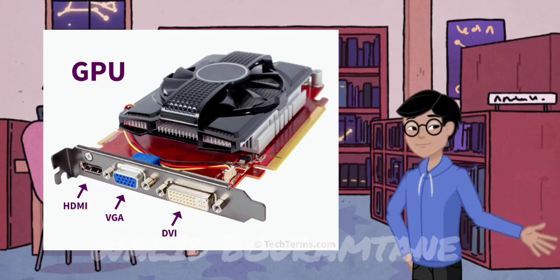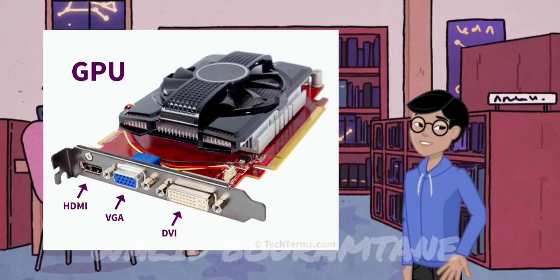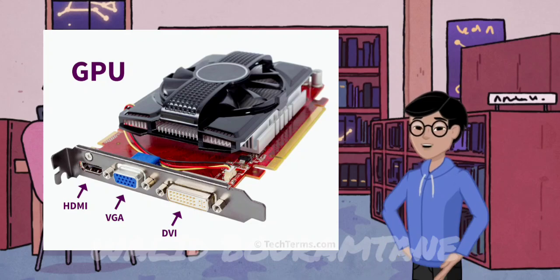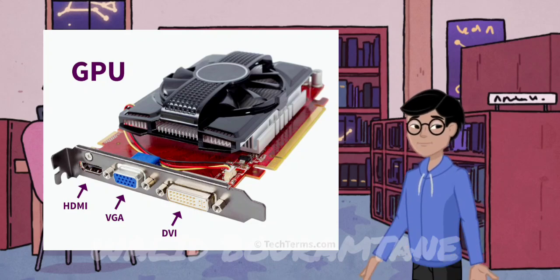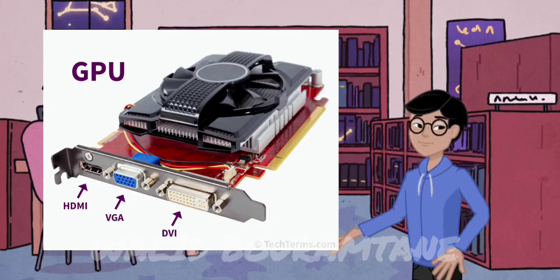Modern GPUs use programmable shaders, which are small programs that run on the GPU cores to perform specific tasks like lighting, shading, and texturing. This flexibility allows for more advanced and realistic graphics effects. By offloading graphic-intensive tasks from the CPU, the GPU enhances the overall performance of a computer, particularly in applications requiring high-resolution graphics and real-time rendering.